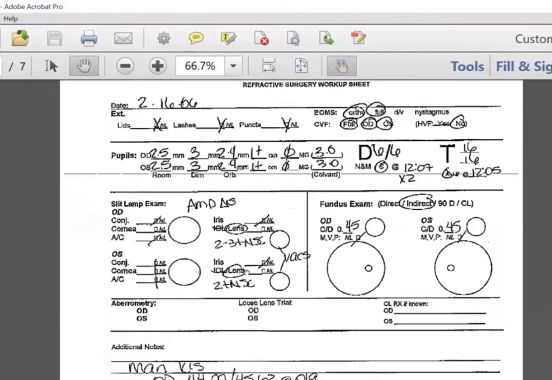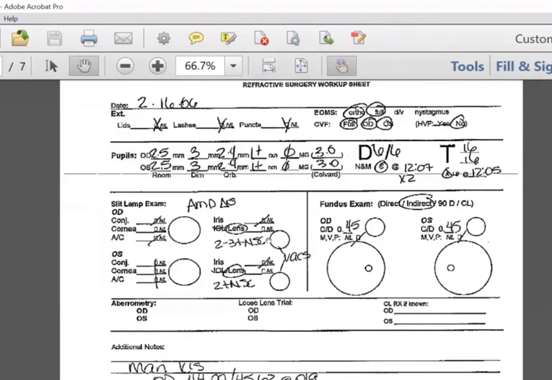So when you look at the slit lamp examination, for example in this patient, it shows that the conjunctiva, the cornea, and the anterior chamber are all within normal limits, as indicated here. Iris as well. And then when it comes to the lens, the crystalline lens, not the IOL, so this is obviously a pre-op examination with the slit lamp.